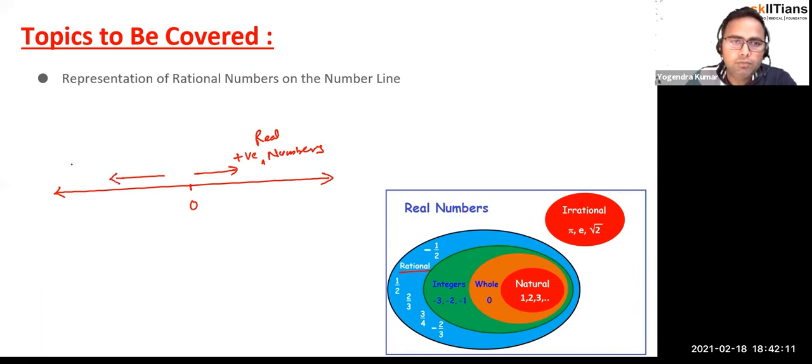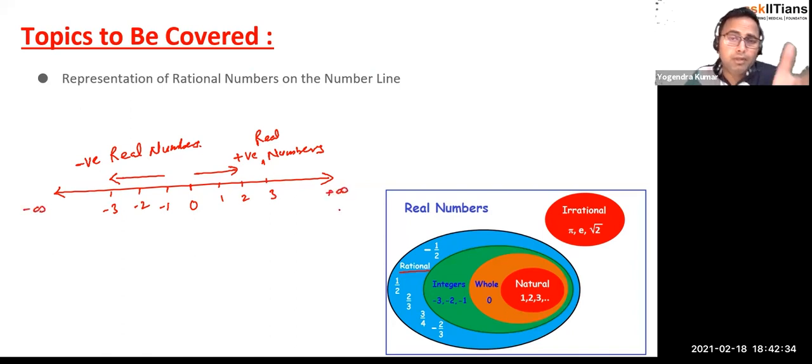On this side we have negative real numbers, so -1, -2, -3, and in between fractional and decimal numbers are there. Like this it goes. We say minus infinite here and plus infinite here, meaning a very big positive number on the right, and on the left side a very big negative number.